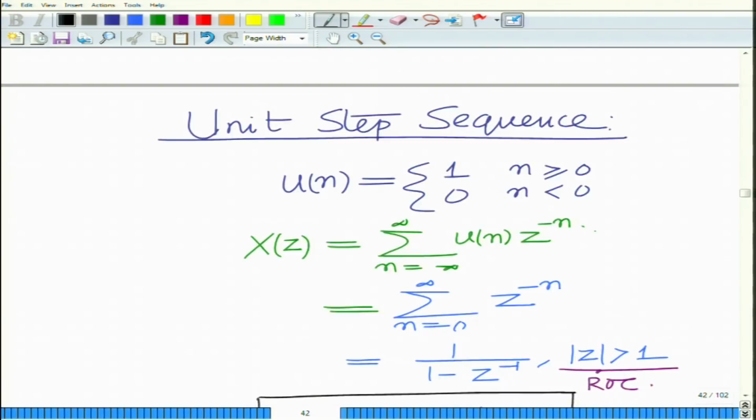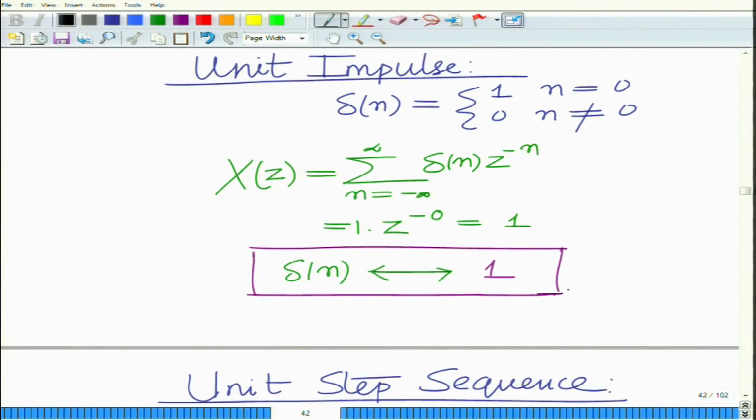And if you look at the unit impulse, the ROC is in fact all values of z, with the exception of z equal to 0 and z equal to infinity. Okay.